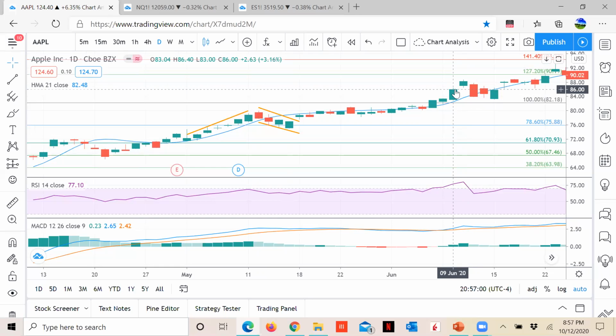Generally, a price target is an estimation in the future based on the patterns or the indicators. For example, when we did the head and shoulders, the inverse head and shoulders, we came up with a price target. Whatever was the difference between the head and shoulder, we added that to the shoulder.